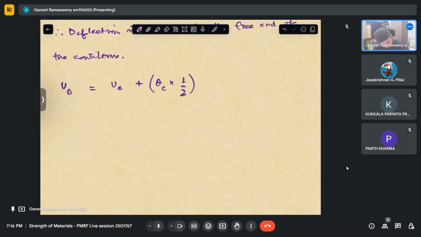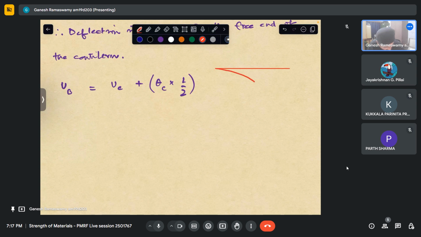So if I were to see this using a diagram, to an exaggerated scale, if I draw this, and of course this will be straight. So this is theta C and this is L by 2.